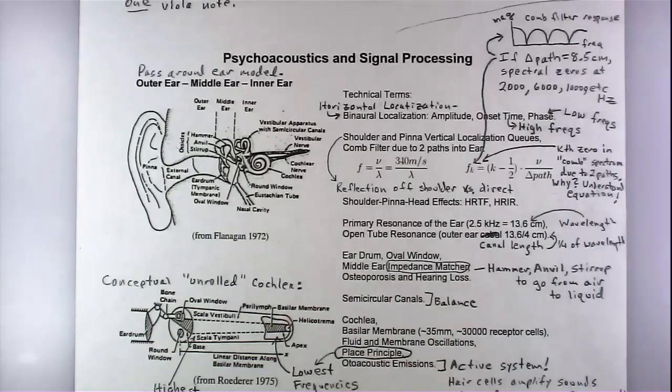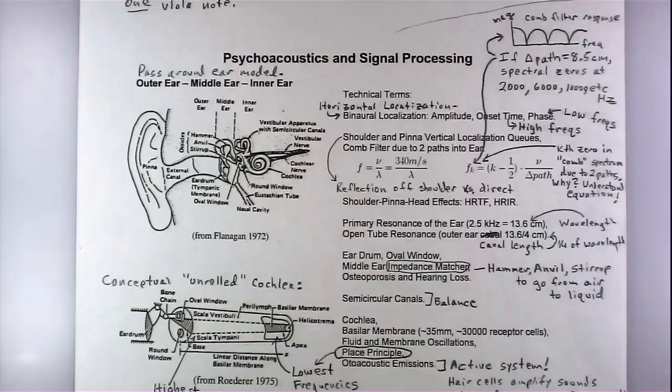Now vertical localization, what is that about? It's hard to study this because your vertical localization isn't very good. But one thing you can really find, and if you simulate it, it really works, is that you have two main paths in your ear.